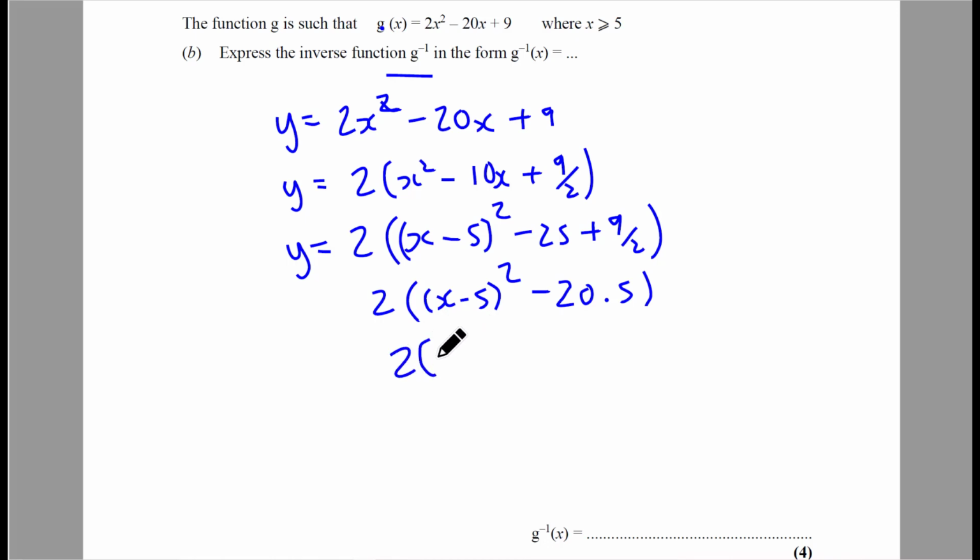So what we're going to get is 2(x minus 5) squared minus, once we expand that out, minus 41, equals y.